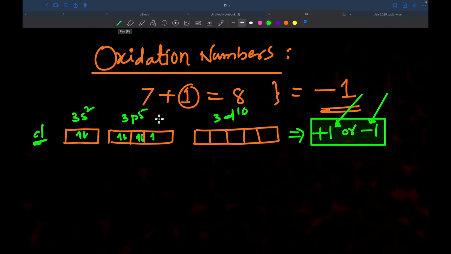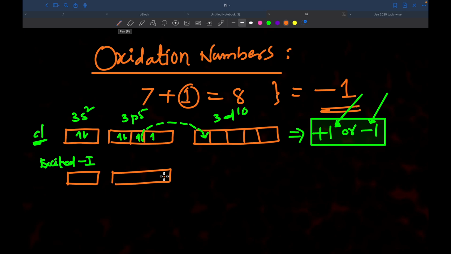Next, chlorine will go to the first excited state. In excited state 1, the paired electron from the p orbital jumps into the d orbital. So the electronic configuration will be the s orbital, the p orbital, and the d orbital has one electron here. This is a very important part.